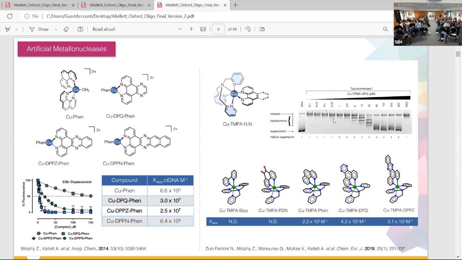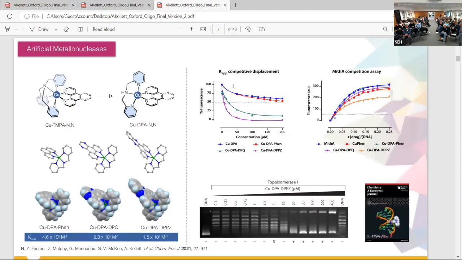It turns out these are effective topoisomerase poisons, but there's no major advantage in DNA binding affinities. In other words, the steric hindrance imposed by the TPA disadvantages the ability of the ligand to intercalate. So for that reason, we developed a simpler scaffold, DPA, which again leaves enough room for the intercalator, and crystal structures show this.